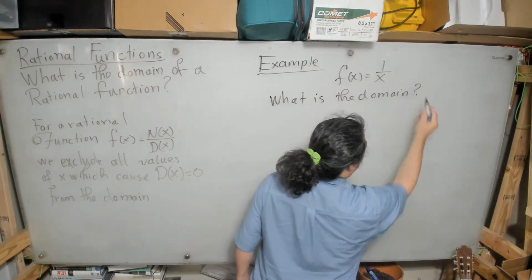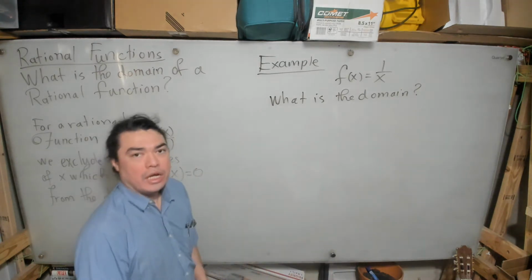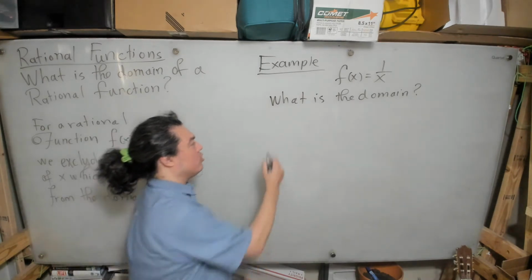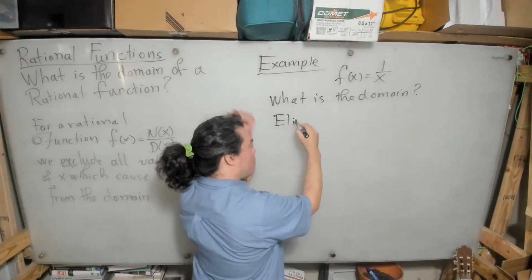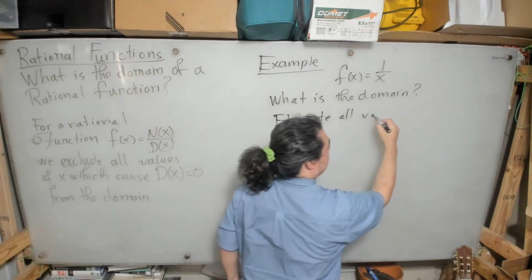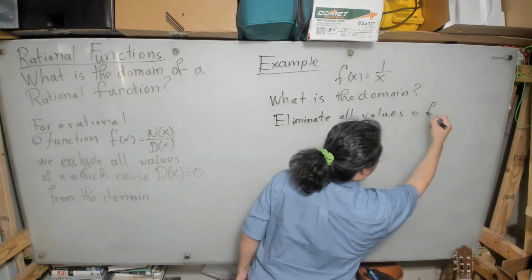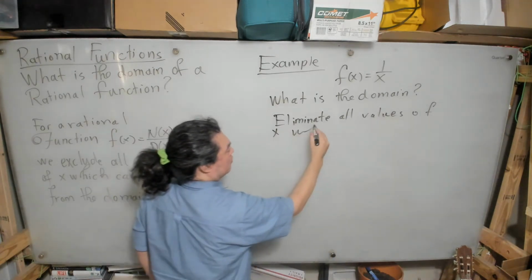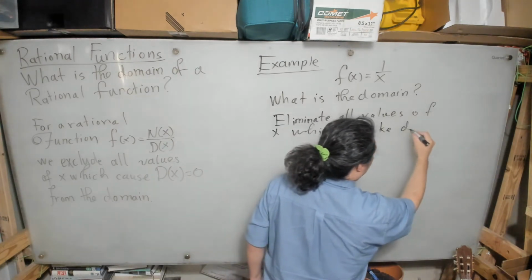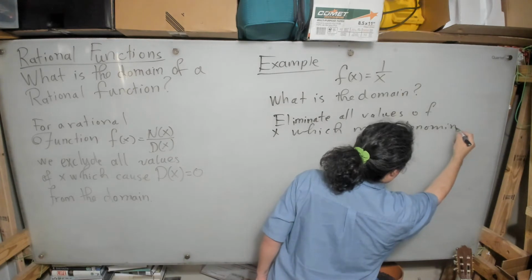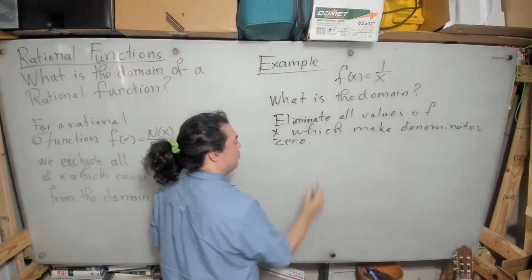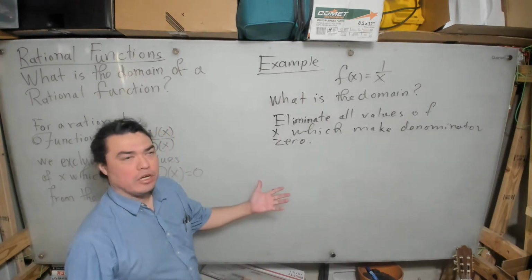What we want to do is eliminate all values of x that make the denominator 0. That's what we want to do in our brain. What's the denominator here?